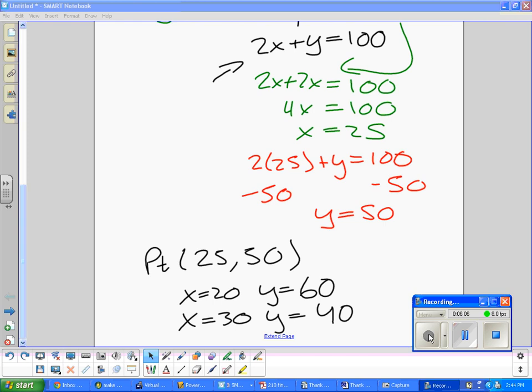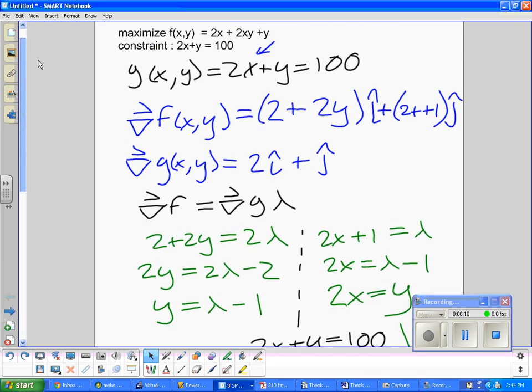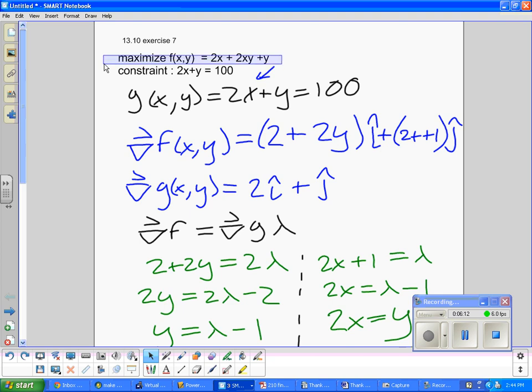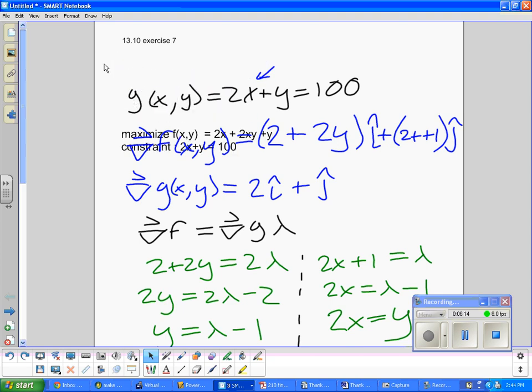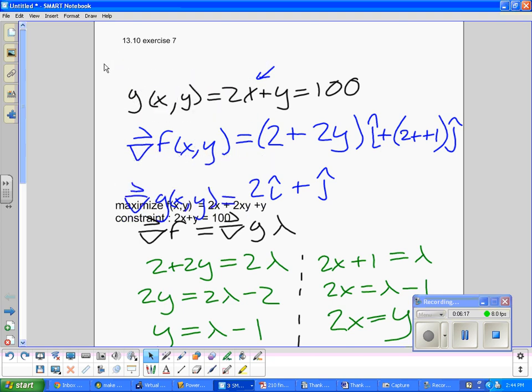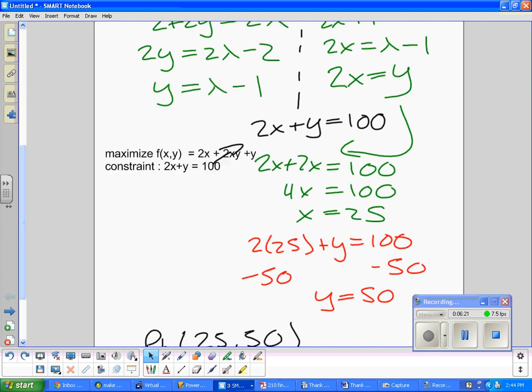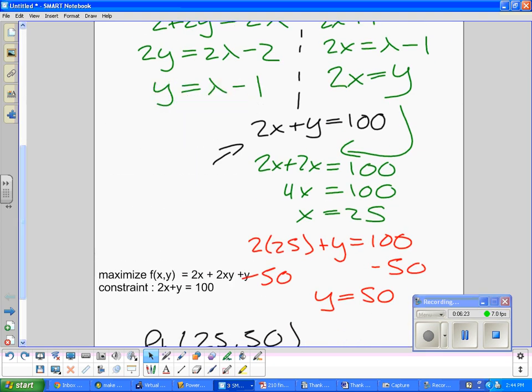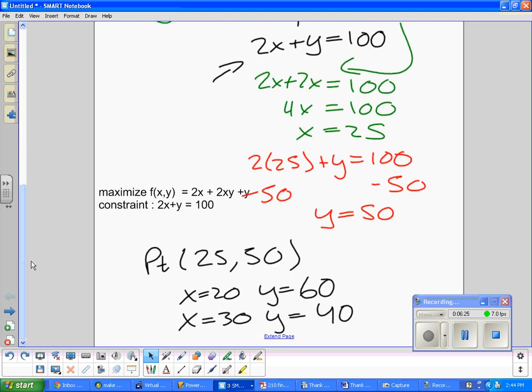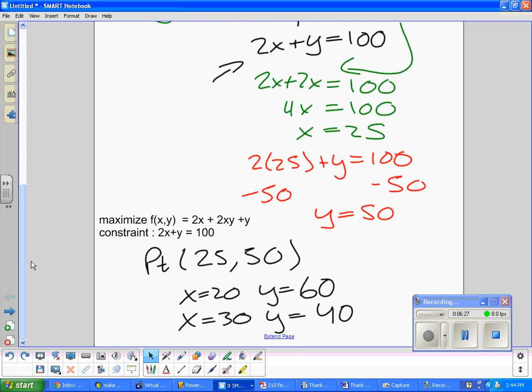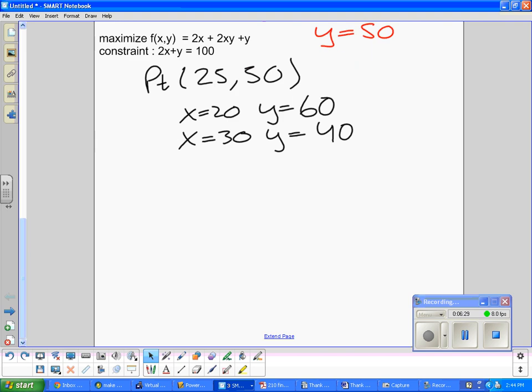Now we plug all of these into the function we're trying to maximize, making sure that this point is indeed a maximum.